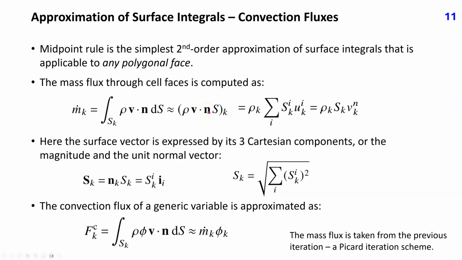The surface vector is expressed by its three Cartesian components, or the face area and the unit normal vector. The convection flux of a generic variable phi is approximated as the product of face mass flux and the variable value at the face centroid. The mass flux is taken from the previous iteration, which corresponds to the Picard iteration scheme.